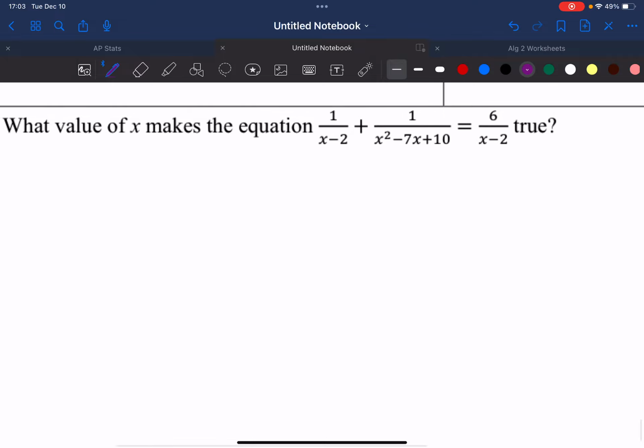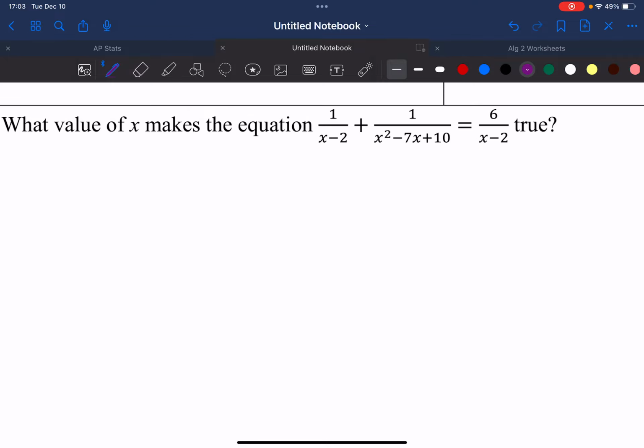Okay, last problem here. Before I start combining like terms, I'm going to factor this x squared minus 7x plus 10. So I need two numbers that multiply to 10 but add to negative 7, and that's going to be x minus 2, x minus 5. So notice that means this first fraction only needs x minus 5 to be multiplied.